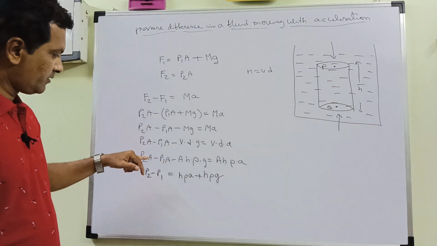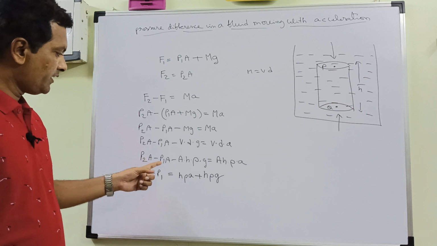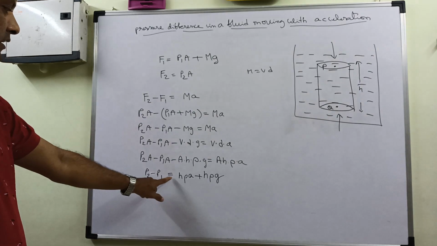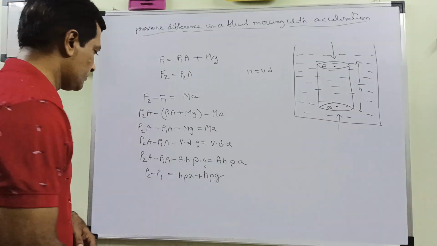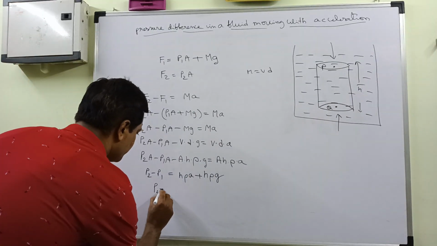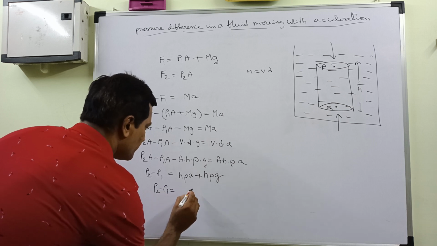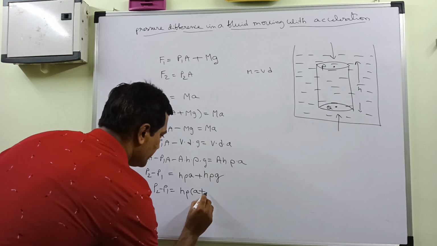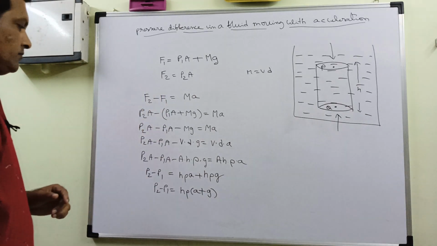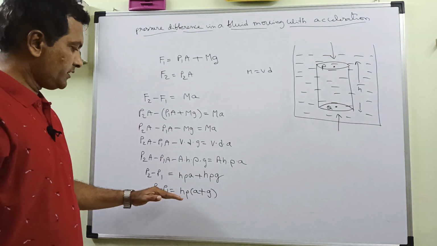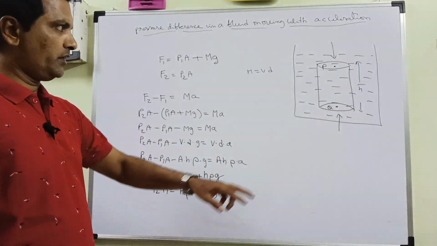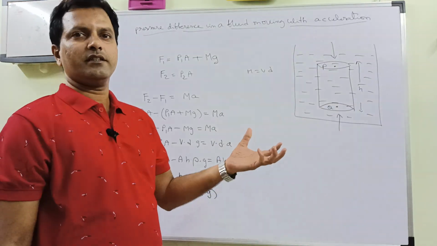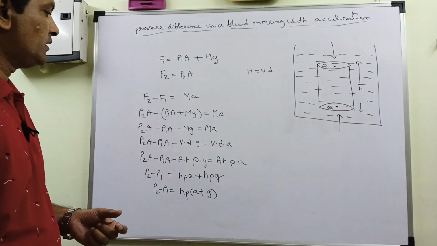I have taken one step directly: the common A on both sides I have deleted. Okay, P2 minus P1 is equal to h rho a plus h rho g. Further, if we take h rho as a common factor, we can write it as a plus g. This is the pressure difference between 2 points in a fluid which is moving with acceleration vertically upwards.